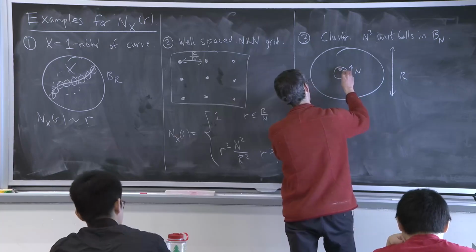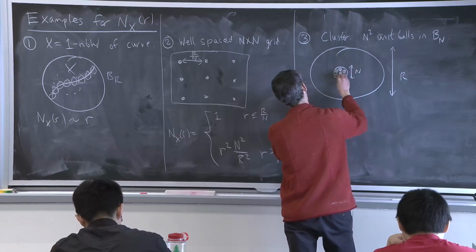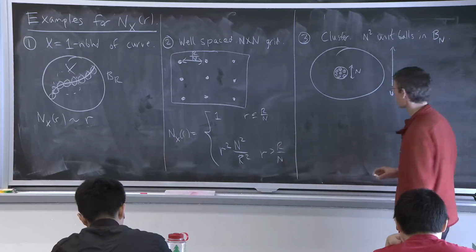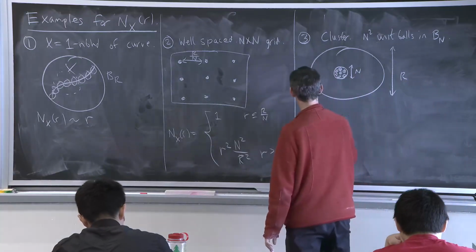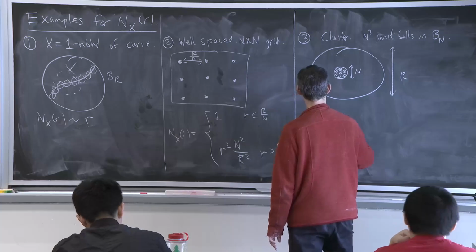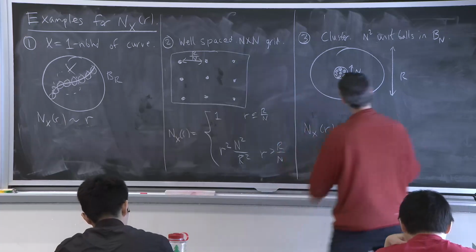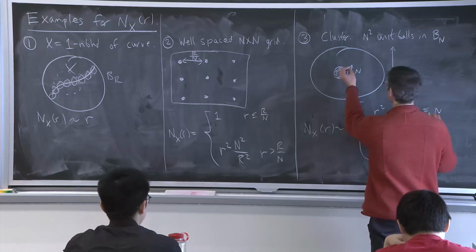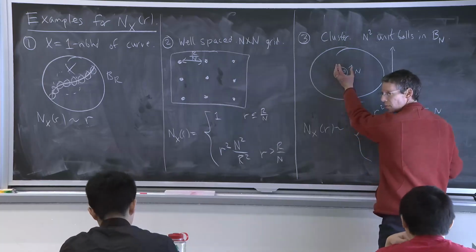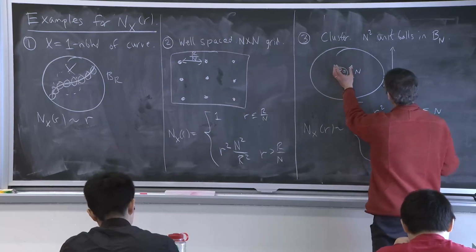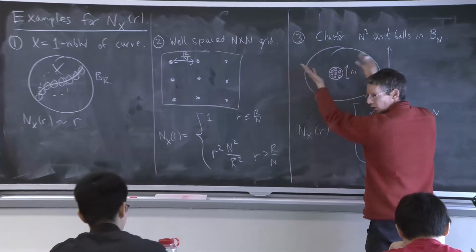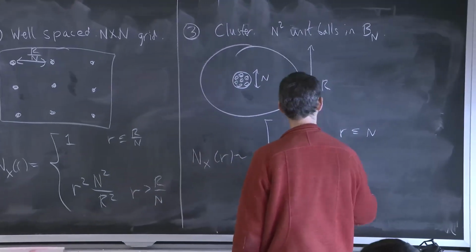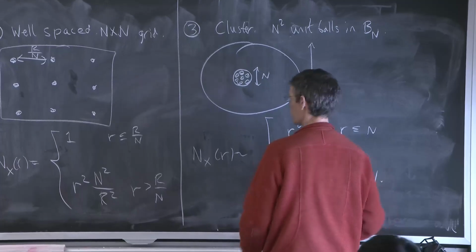And we pack the smaller ball with unit balls of X. OK. So now what is n sub X of r? Well, it grows like r squared until r is as big as this n ball. And after that, there are only n squared balls at all. So you can make little r bigger. It doesn't grow anymore. So it caps off at n squared if r is bigger than n.